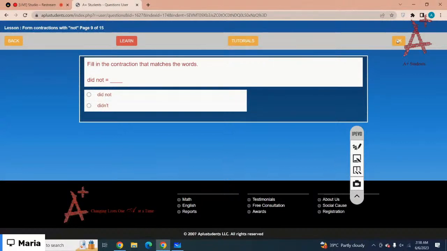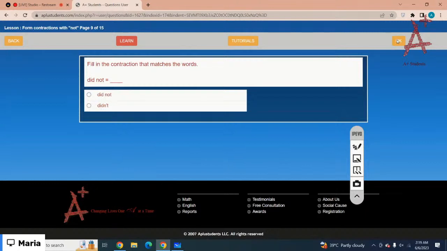Okay, fill in the contraction that matches the words did not. How do you make the contraction from the words did not? You have to skip O from the not and you have to put an apostrophe there, so it would be didn't.